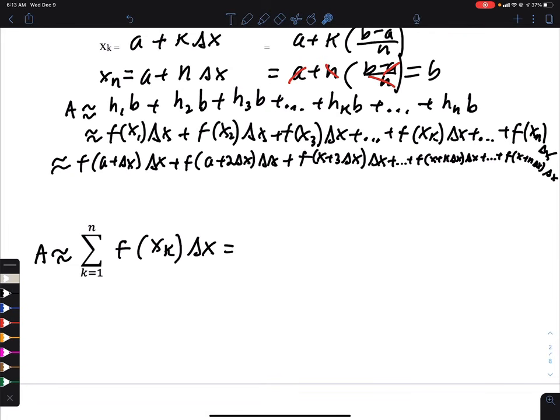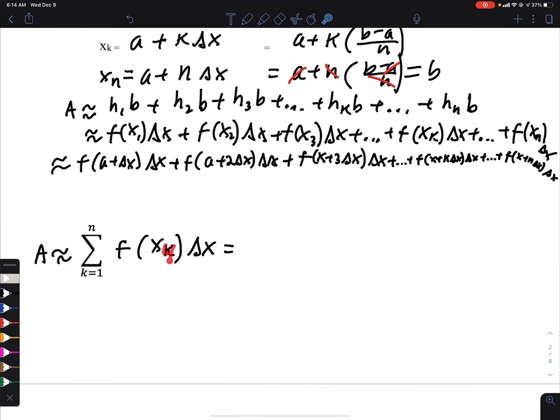So just a reminder how sigma notation works. You plug in 1 first, and that's going to be f of x1, which we have here. Then you plug in 2, f of x2. Then you plug in 3, that's f of x3.